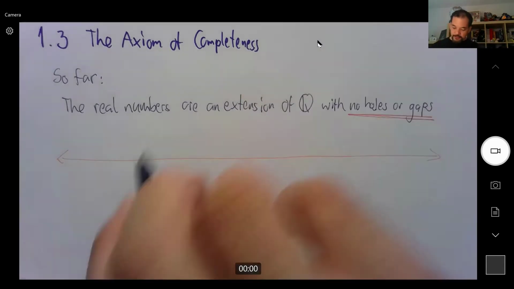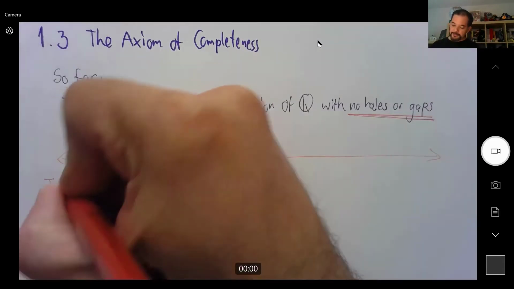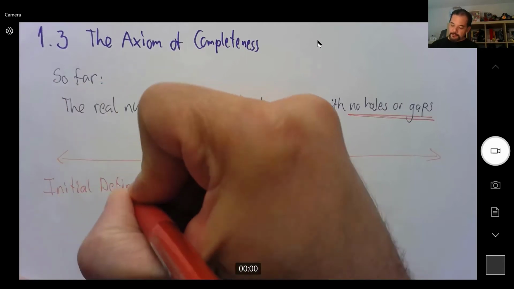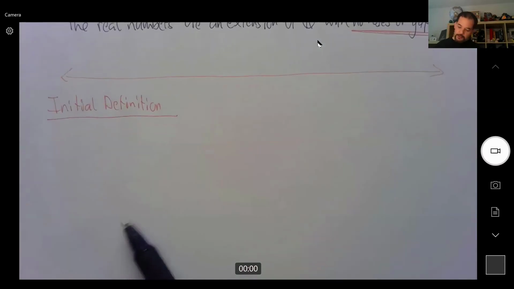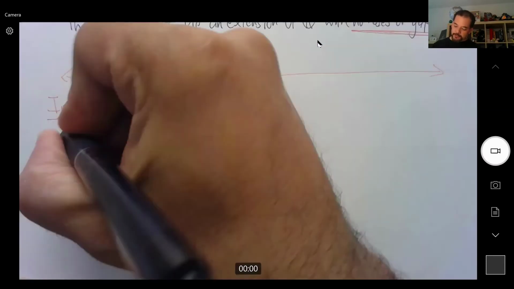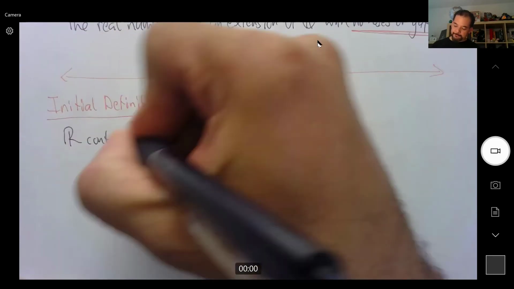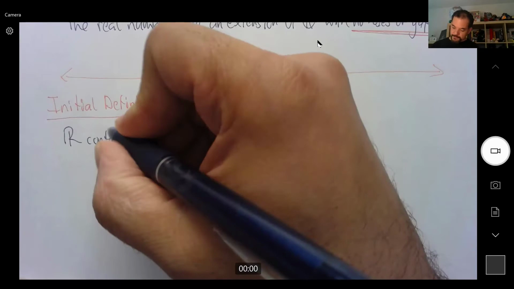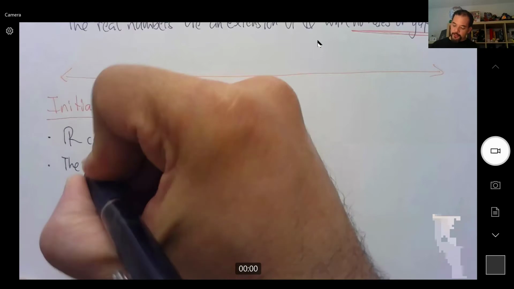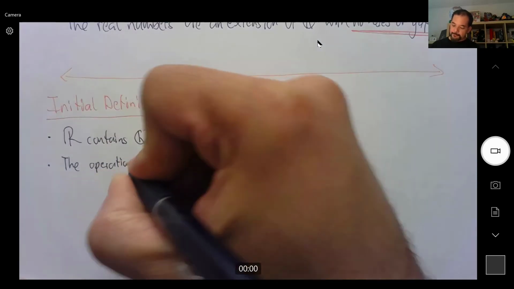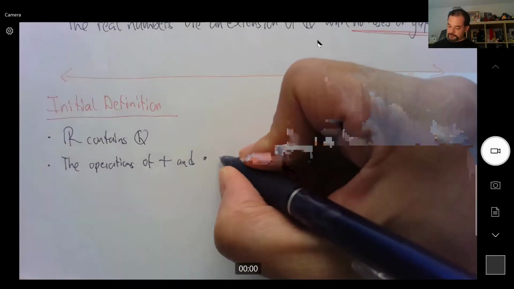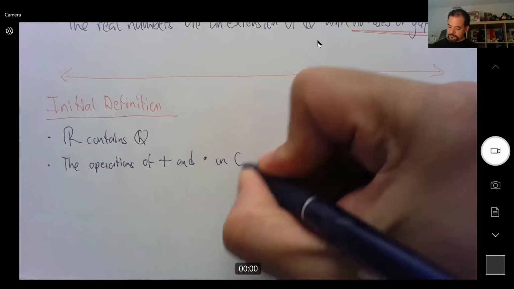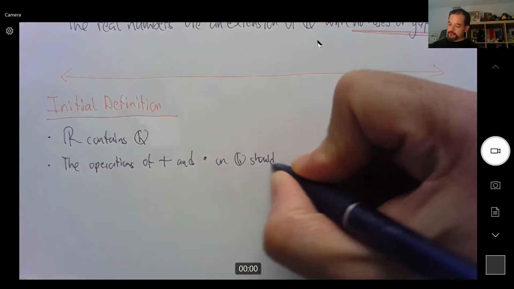So here's an initial definition, something that we can try. Here we go. So maybe we want the following. We want the real numbers to contain the rationals. We also would like for the operations of addition and multiplication to extend to R, right?